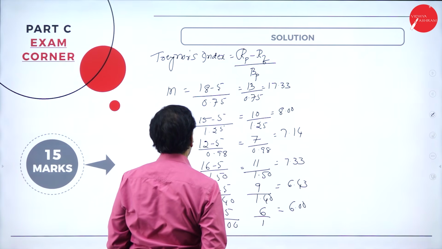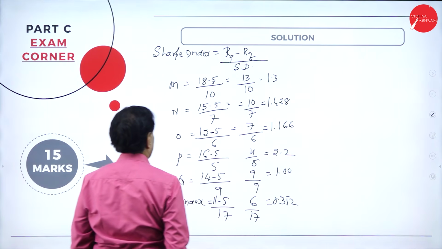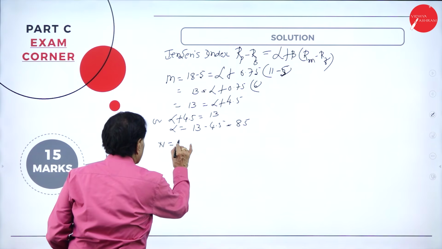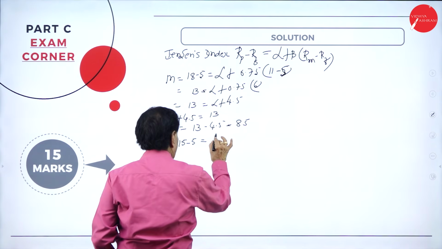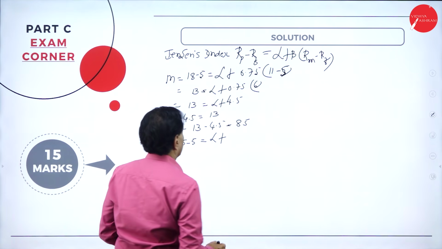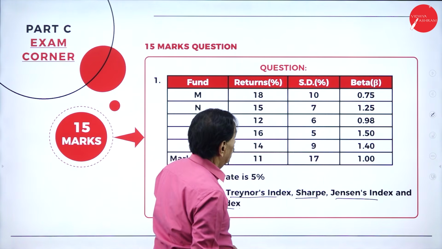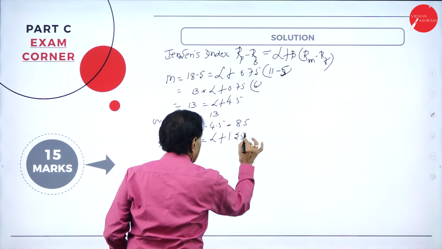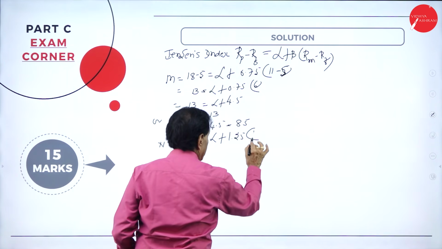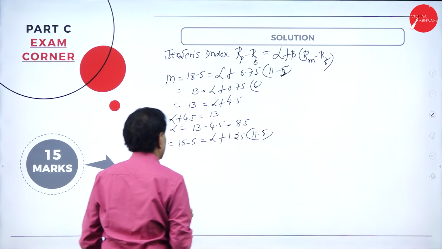N. RP minus RF is common. 15 minus 5 is equal to alpha plus beta 1.25 and return on market is 11 minus 5.